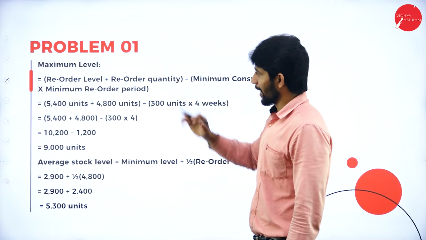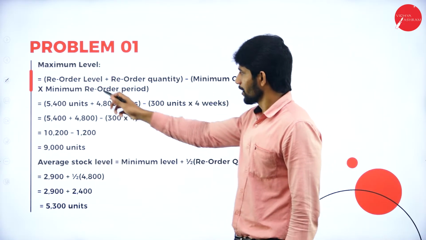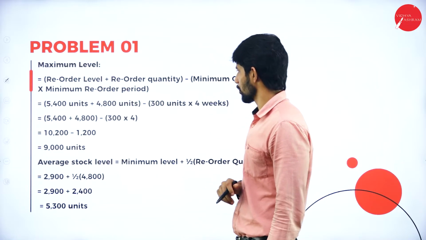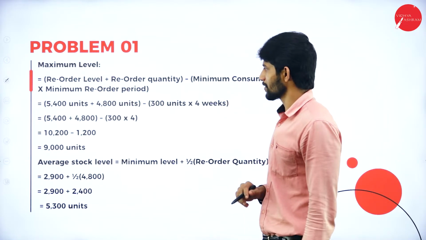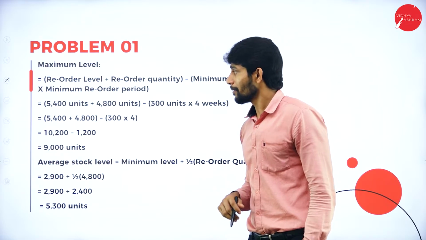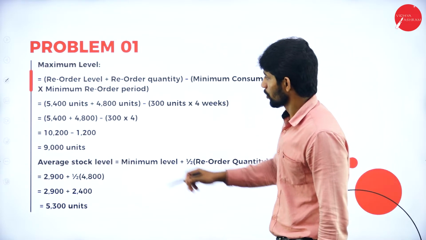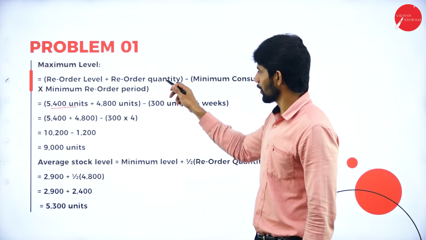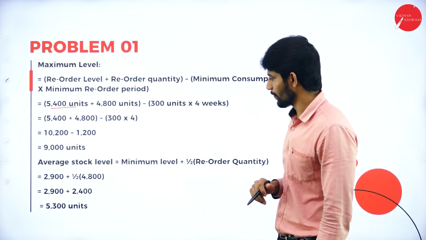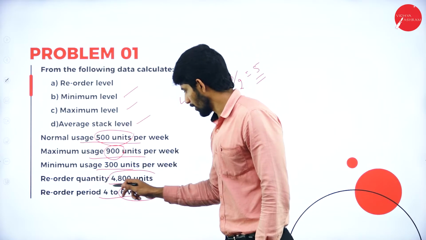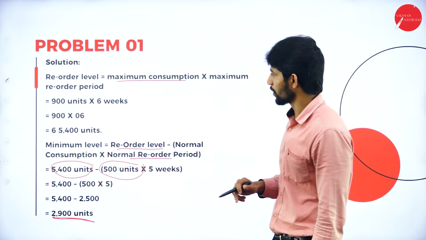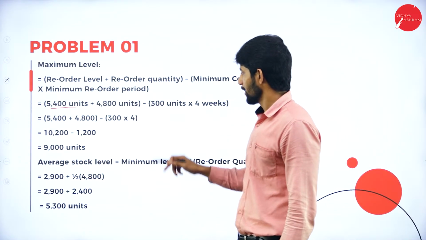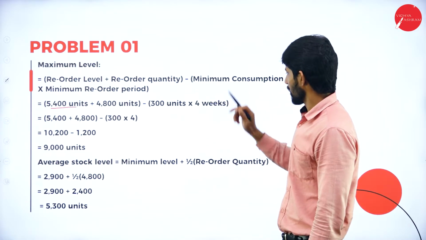Next one, maximum level. What is the formula? Reorder level plus reorder quantity minus minimum consumption into minimum reorder period. So the reorder level 5,400 plus reorder quantity. What is the reorder quantity given in the problem? It is 4800. Next, minus minimum consumption.